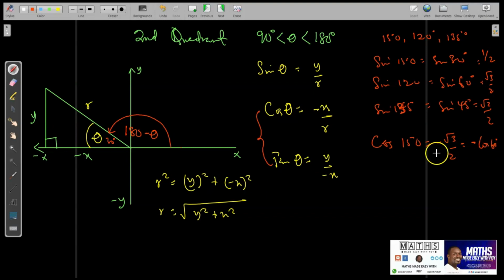And therefore, when you negate it, it gives you the same value. So do you realize that 150 degrees is an angle in the second quadrant? And therefore, what type of value are we obtaining for cos? A negative value. Does it confirm what we've written here? Yes. Again, tan of 150 degrees is also going to give you a negative answer, negative root 3 on 3.